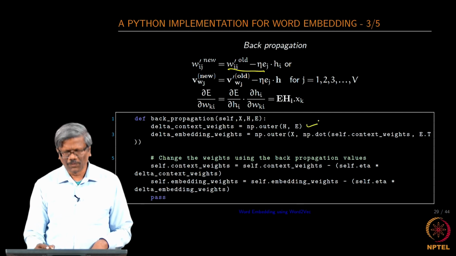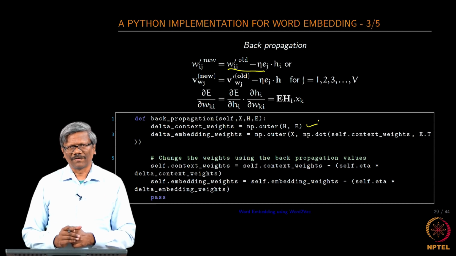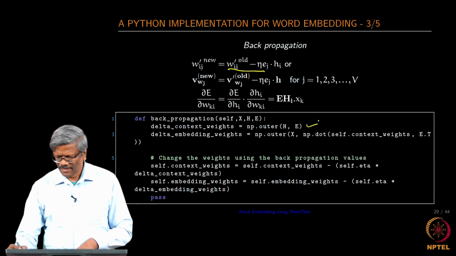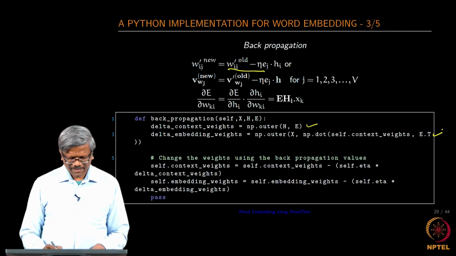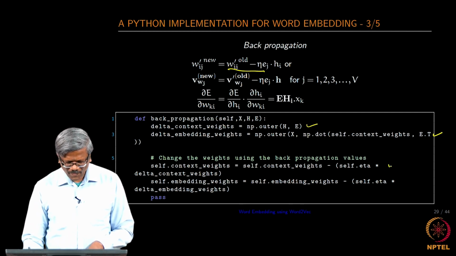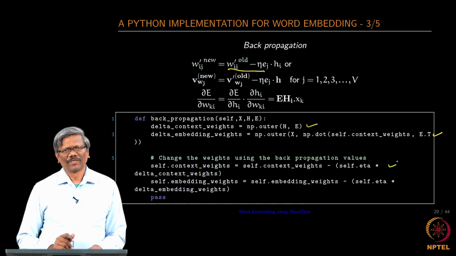So, we do it for the context matrix, okay, and then do it for the embedding matrix, and then update the context weights.